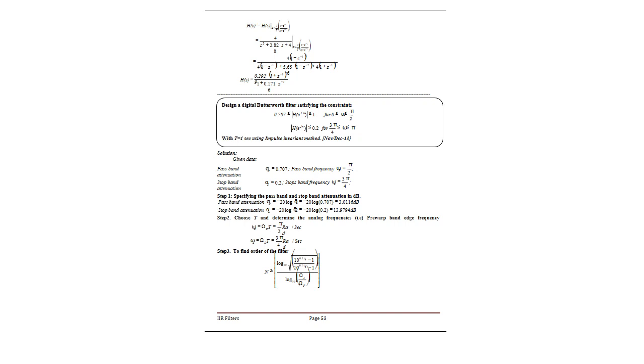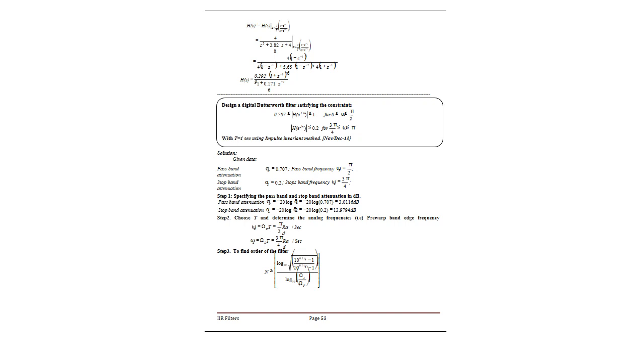Next, first step, we have to specify the passband and stopband attenuation in decibels. After that, second step, we have to determine the analog frequencies, that is, the prewarped band edge frequencies. So omega p and omega s we have to find, for that the formula is omega p is equal to omega p T and omega s is equal to omega s T.